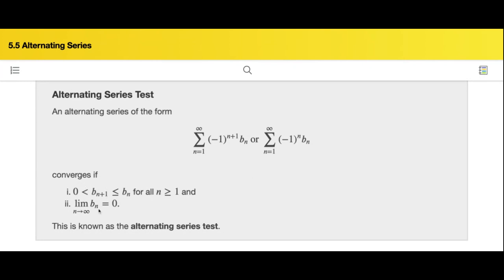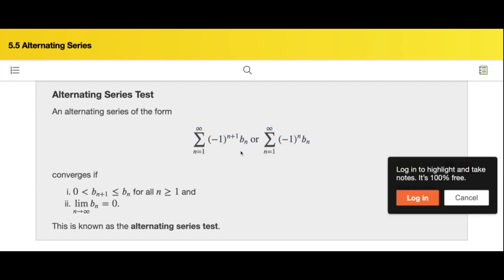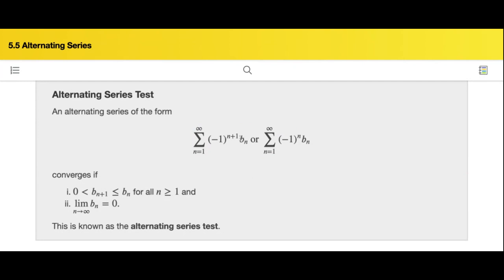So satisfying those two conditions, all terms are positive, not including the negative 1. The negative 1 forces it to be alternating, but Bn itself is positive. So we only consider Bn, not considering the negative 1, the alternating signs.